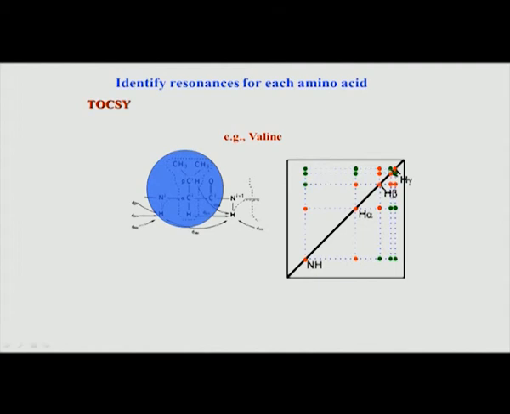Those in the red color are the COSY peaks, which are only next neighboring, 3 bonds away, but the green peaks are unique to TOCSY. So, this whole spin system is now connected to each other, and that is how a TOCSY spectrum should look, and this is what we have been seeing in the TOCSY part of the course.